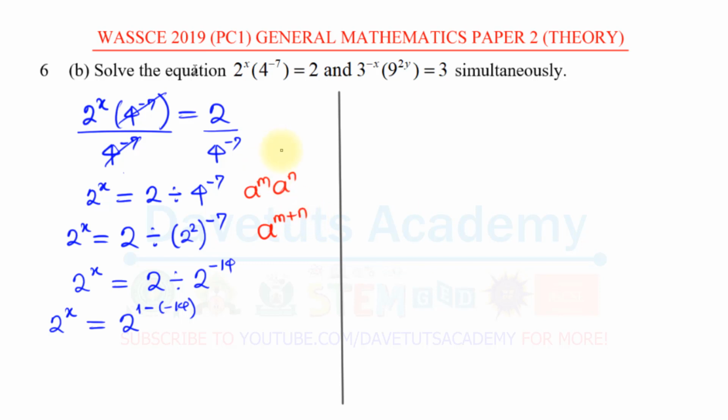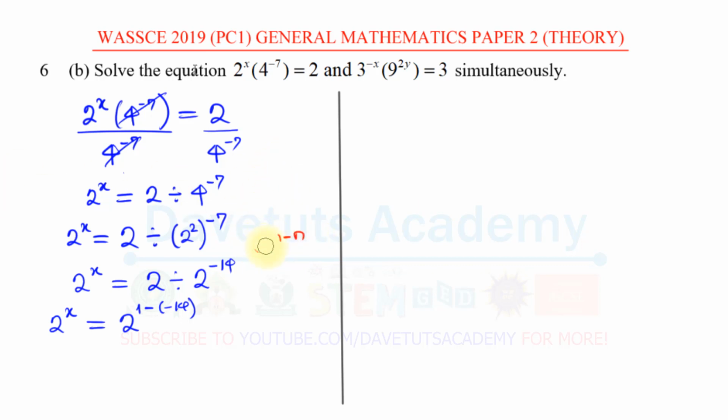And if it is division, we have that a raised to power m divided by a raised to power n is the same as a raised to power m minus n, and that is what we are actually using here.